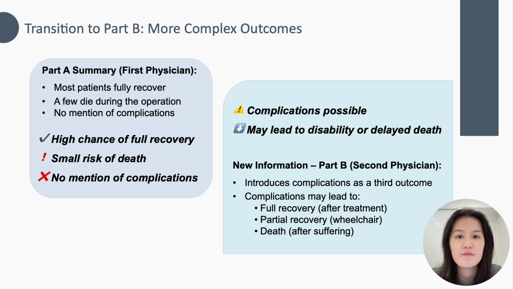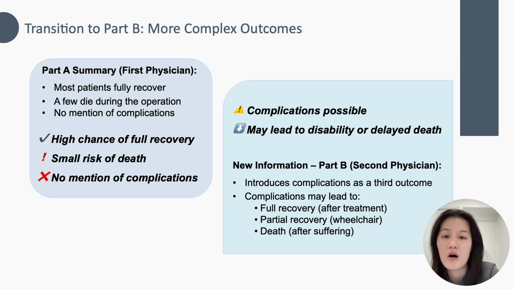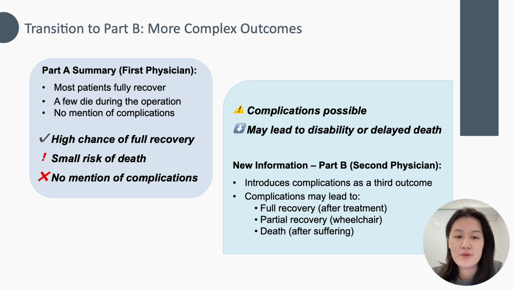However, the second physician introduced a third possibility: complications. This leads to a second layer of uncertainty, where the patient may still recover, face long-term disability, or die after painful treatment.